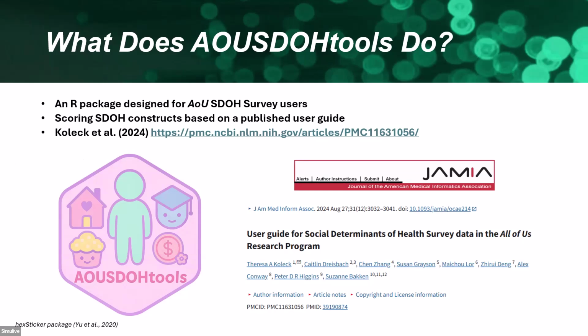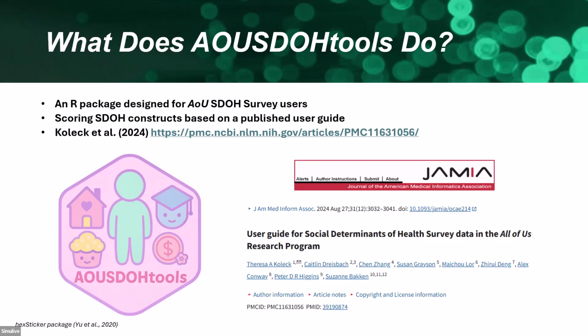AOUSDOHTools is an R package designed specifically for working with All of Us SDOH survey data. It automates the entire process of recoding, scoring, and outputting clean, person-level variables you can use in your analysis. We based it directly on the published user guide by Dr. Kolak in JAMIA in 2024, which outlines literature-informed scoring logic across SDOH constructs.